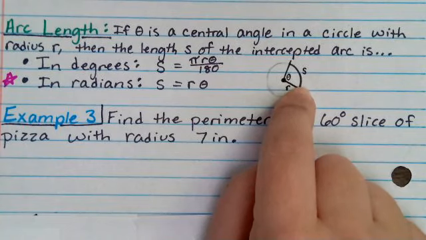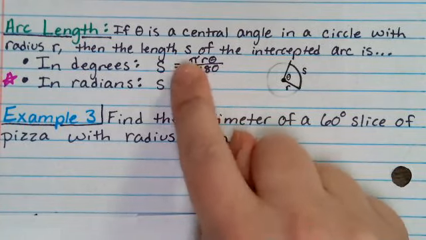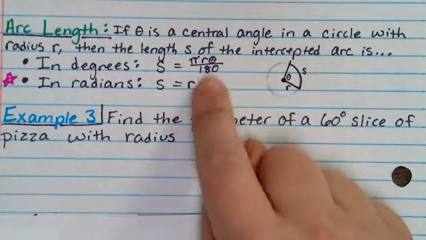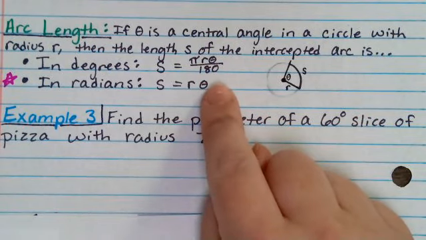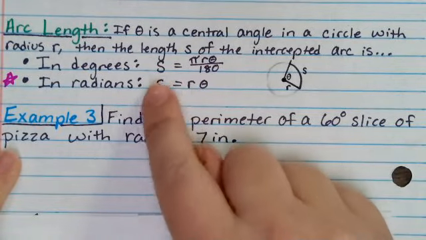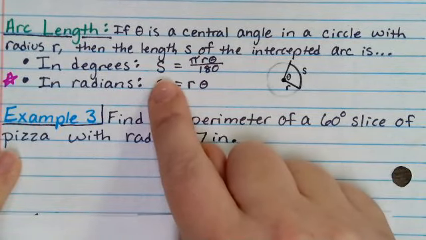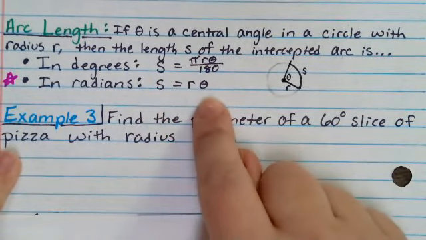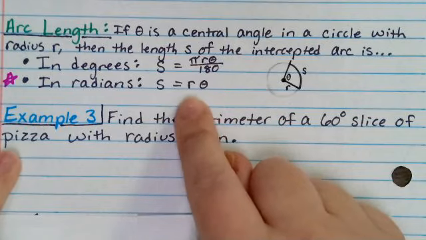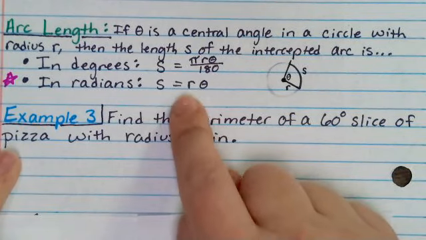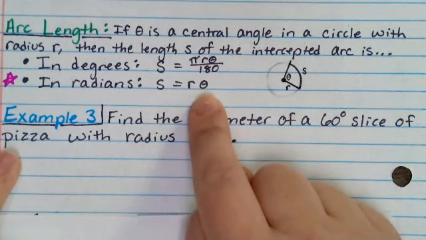We're able to use that 180 because that's that specific relationship with the pi and the 180 degrees. So pi r theta divided by 180 degrees, that gives you the measure if you are given degrees. But if you're given radians, it's a whole lot more simple. All you have to do to get the arc length is just multiply the radius times that radian measure, theta.